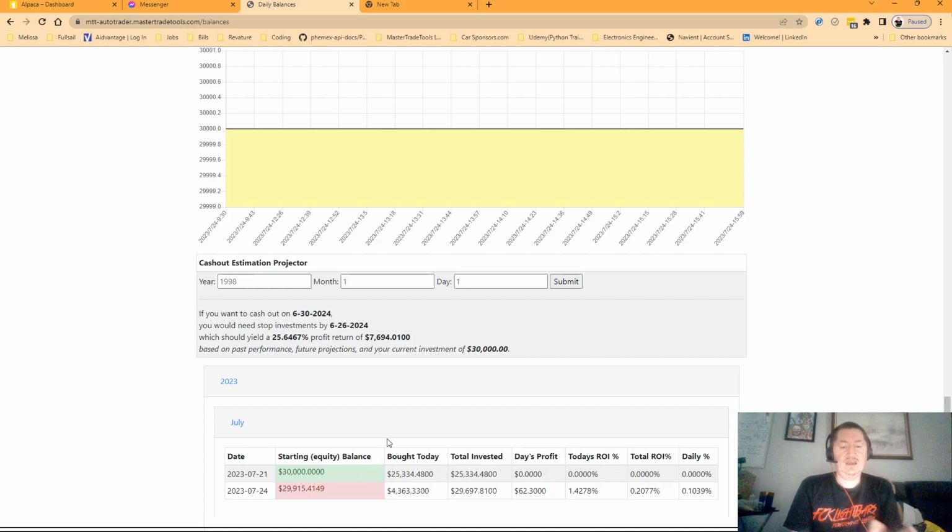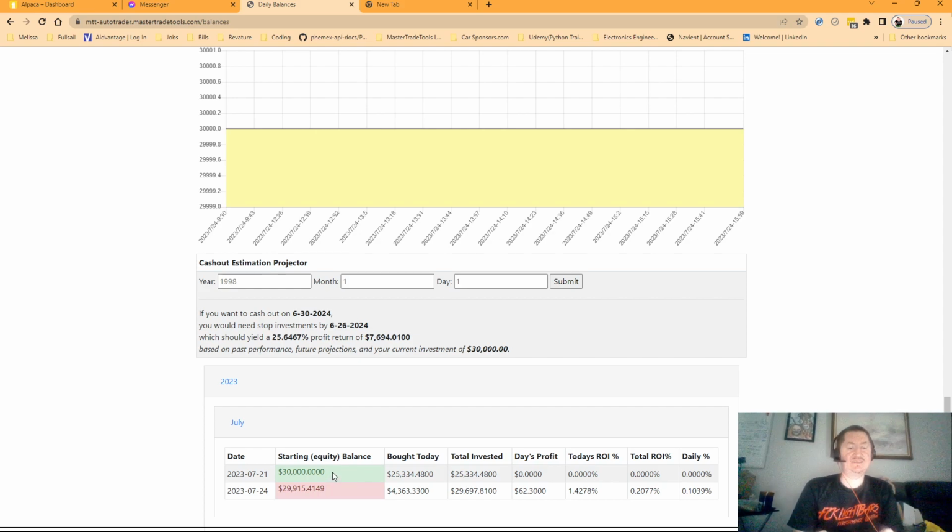At the end of the day, it will go and calculate how much you bought, or how much we bought, basically, and the total invested, which would obviously be, on the first day, the amount that you bought. And then it will give you that day's profit, today's ROI, the ROI stands for return on investment. And that is compared against your total trade balance.